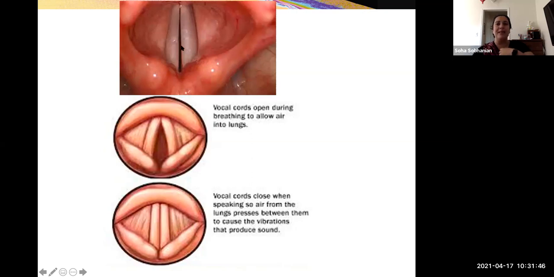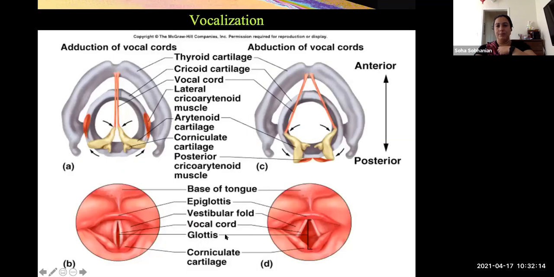That really black area right between them is your glottis. So when the two vocal cords are really close together, your glottis is basically closed. When your vocal cords are far apart from each other, that causes the glottis to be open. It is spelled right here in your PowerPoint.